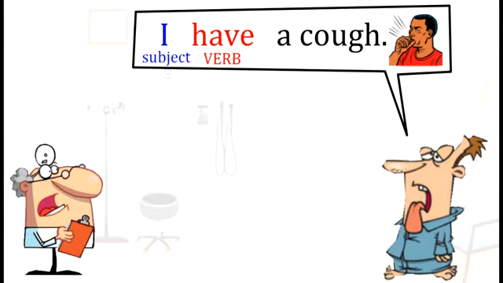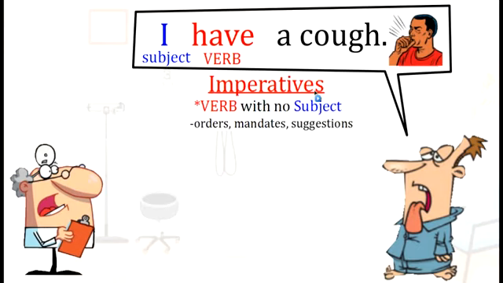All right. Now it's time for our grammar. And today's grammar is imperatives. Imperatives are verbs with no subject. We use imperatives for orders, mandates, and suggestions. But first, let's look at this sentence. Mr. McDonald says, I have a cough.